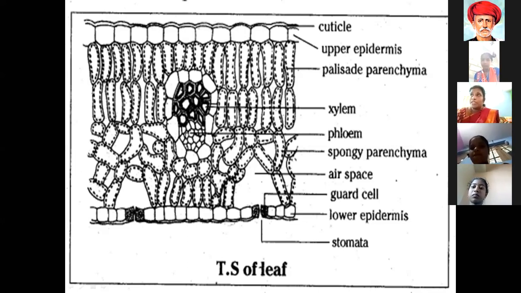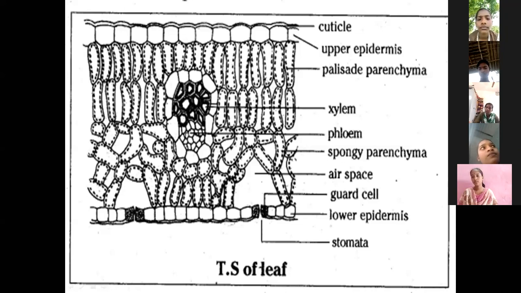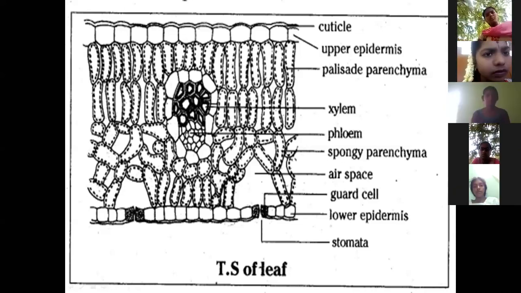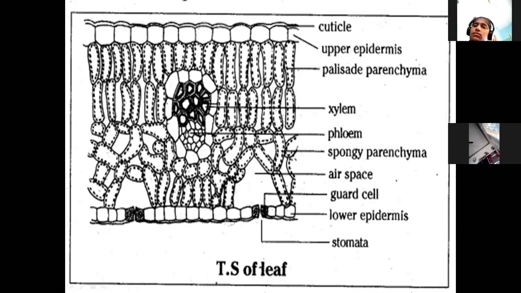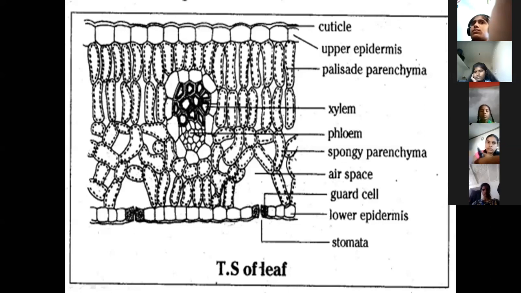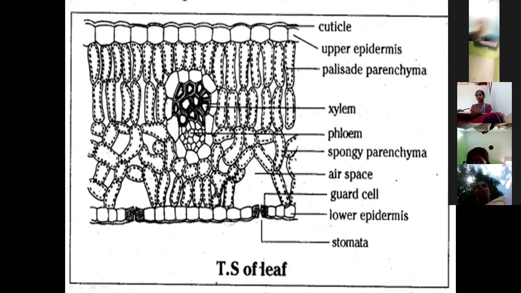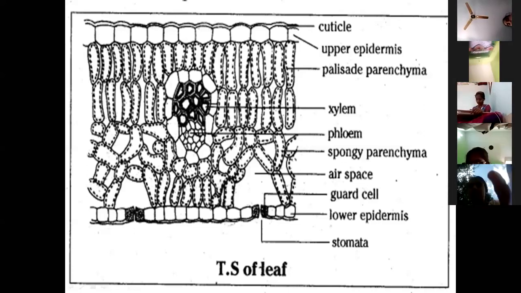It contains more stomata than upper epidermis. You can compare to upper epidermis. A stomata is an opening in the epidermis which allows the exchange of carbon dioxide and oxygen and transpiration.